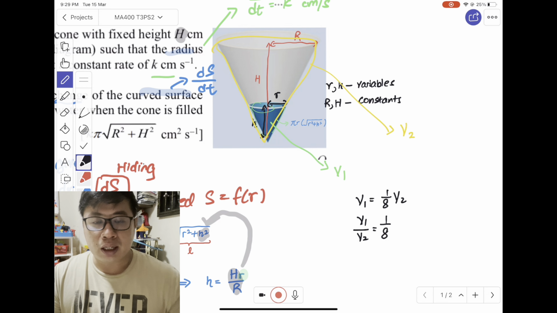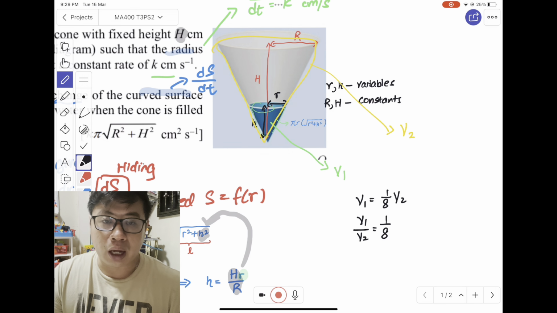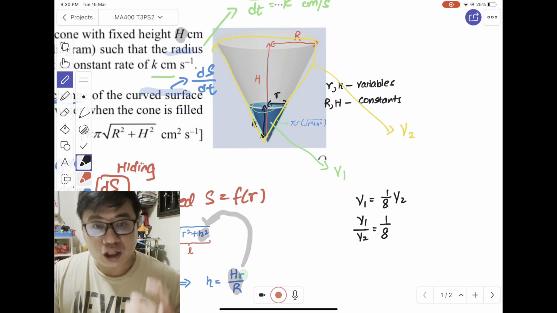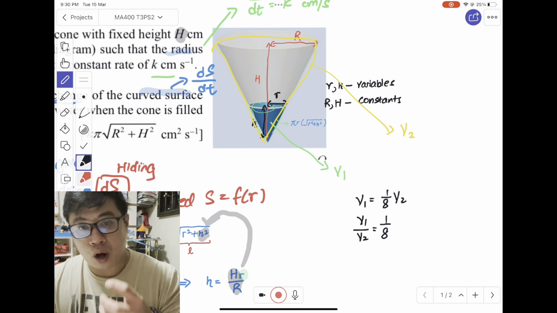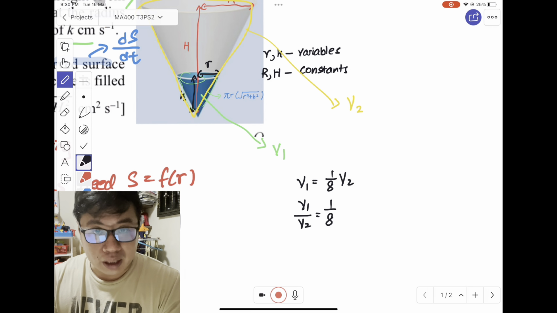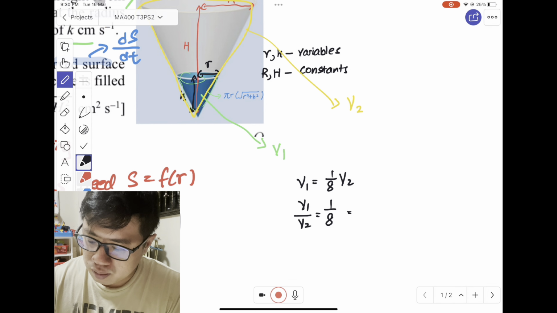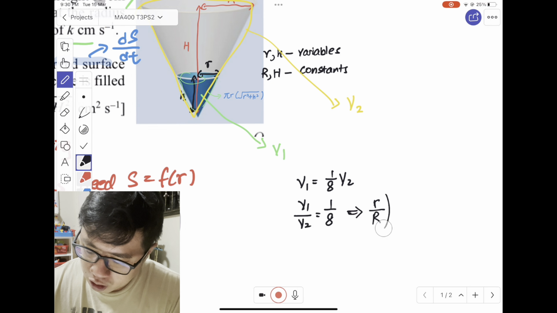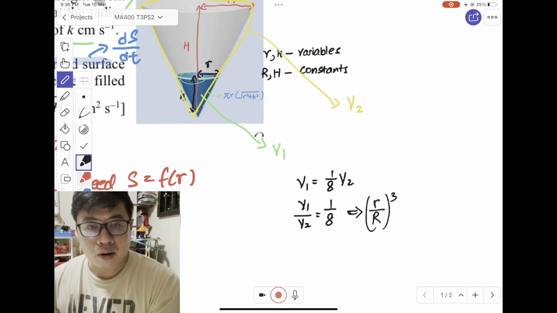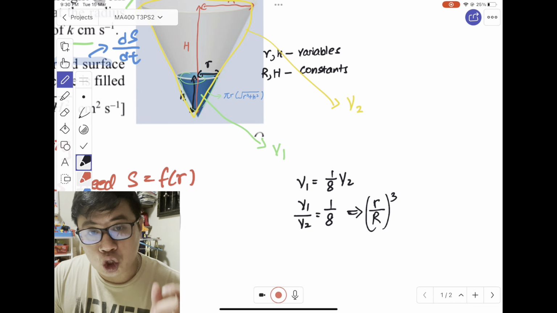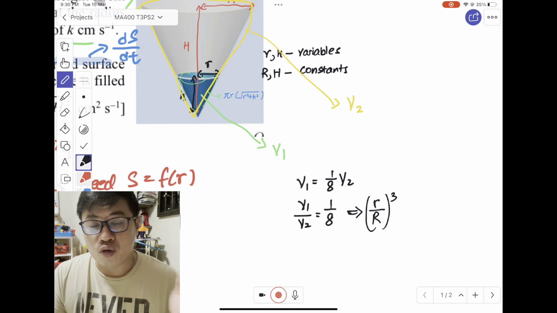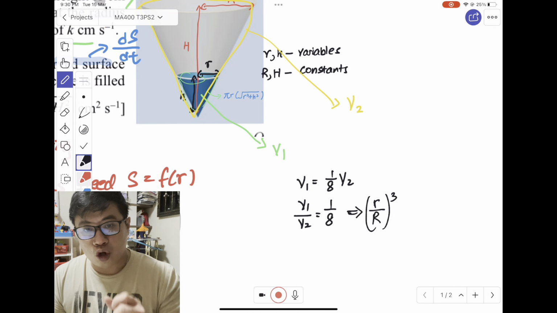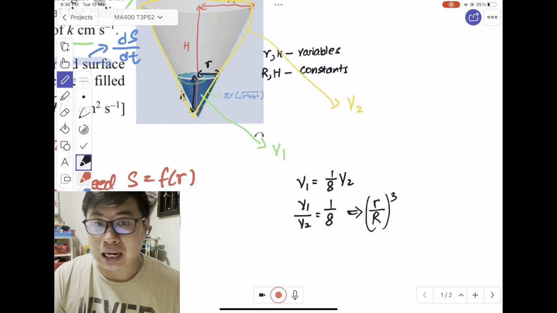Now remember, in JH1, JH2, when we look at similar figures, the volume ratio is the cube of the side ratio. It will tell you that this is the same as small r over big R cubed. So the volume ratio is the cube of the side ratio.